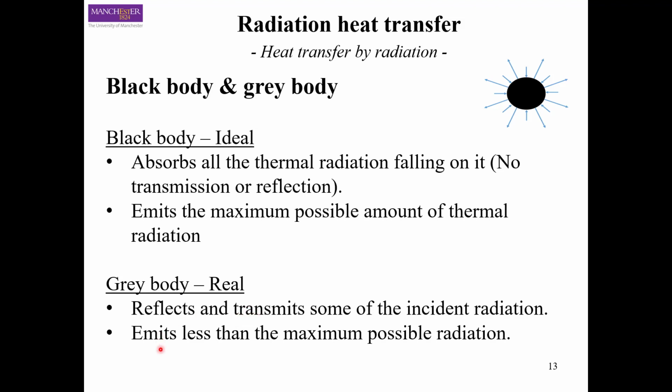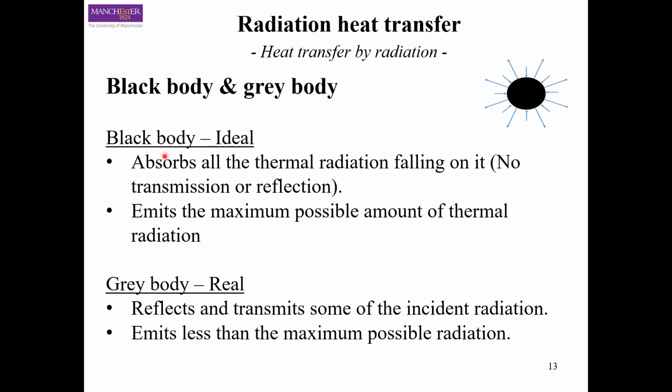At the same time, when this gray body, or real body, emits radiation, it is also less than the maximum possible radiation. For example, in the case of a black body, 100% of the energy can be emitted, while for a gray body, maybe 80% of the energy can be emitted. It means that it is not a perfect emitter. These are the real bodies.